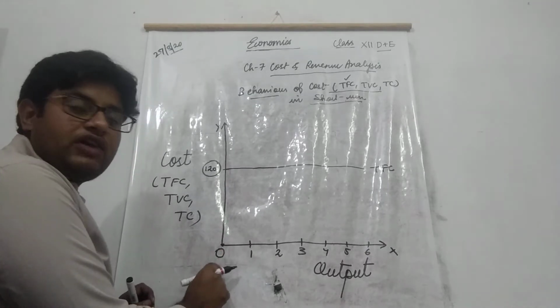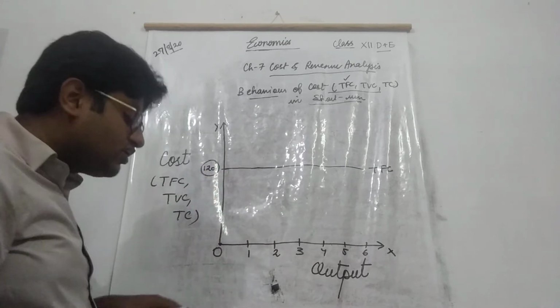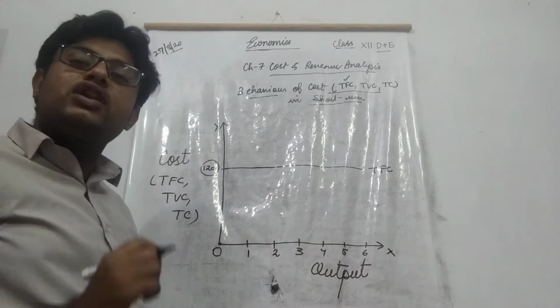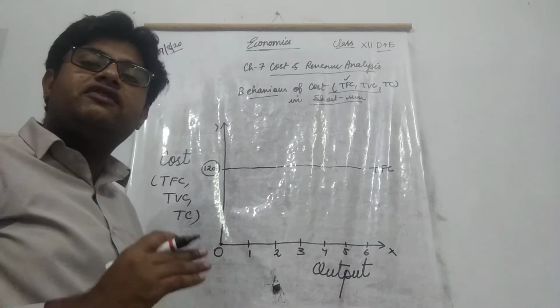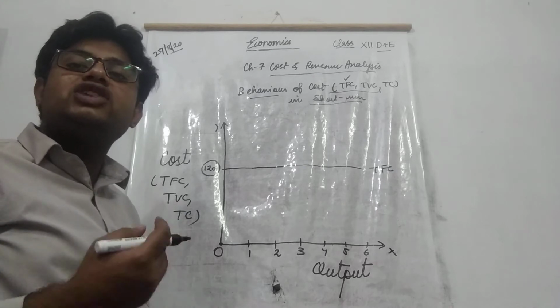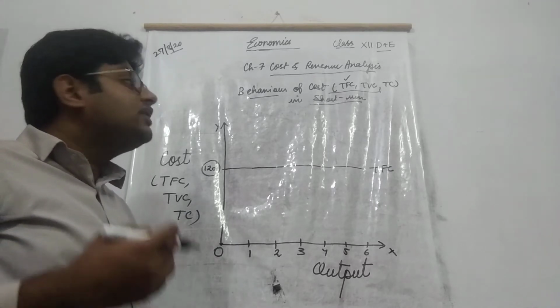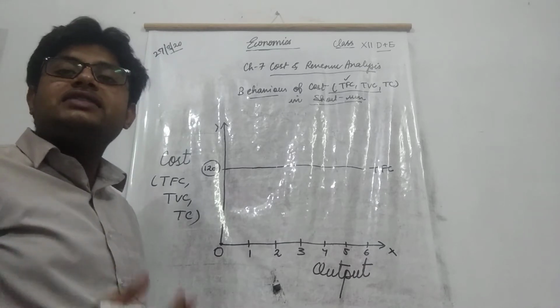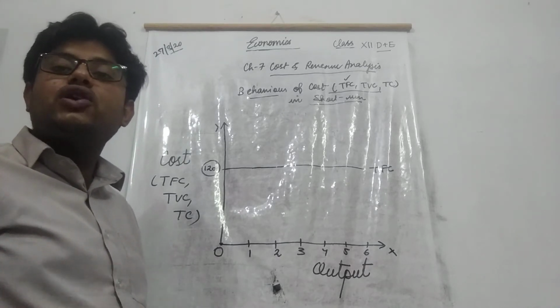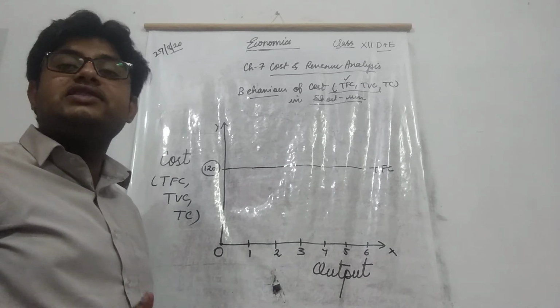And one thing: this origin shows 0 level of output. At 0 level of output, your total fixed cost is positive. This also I have told you: at 0 level of output, that means when the firm is producing nothing, that means the firm is in the shutdown position, the shop is closed, even then the producer has to incur some fixed cost because they cannot throw away their fixed factors in the short run.